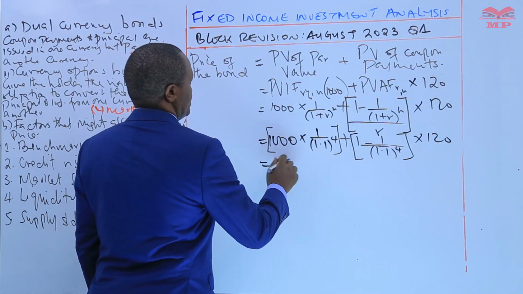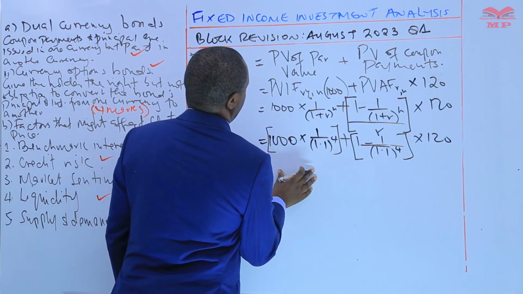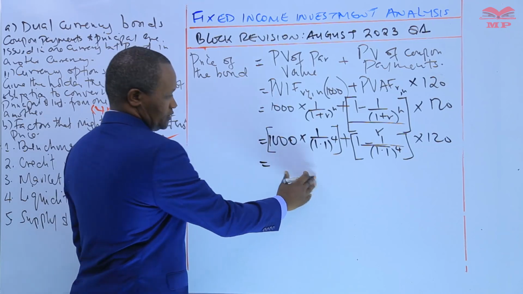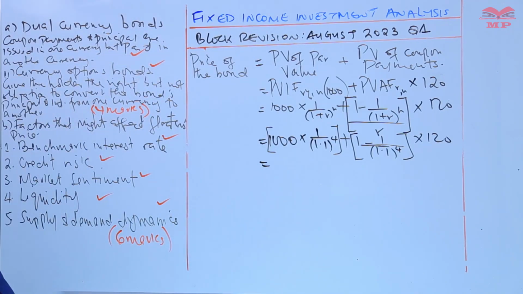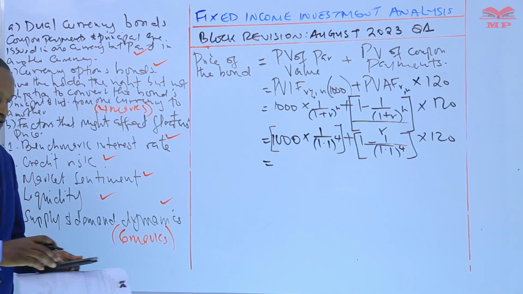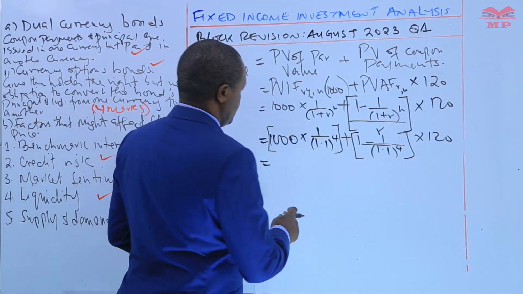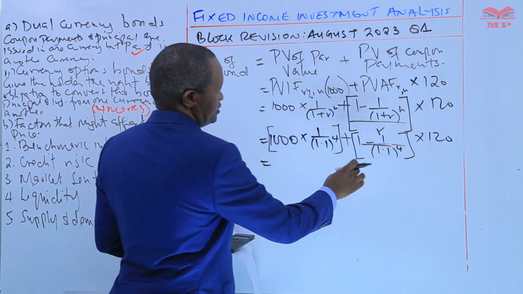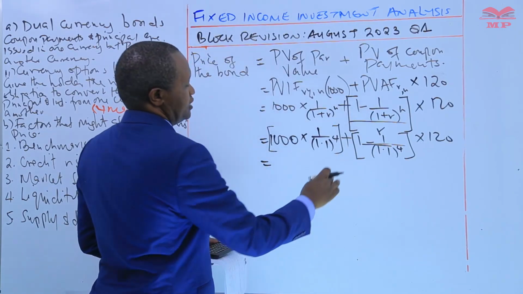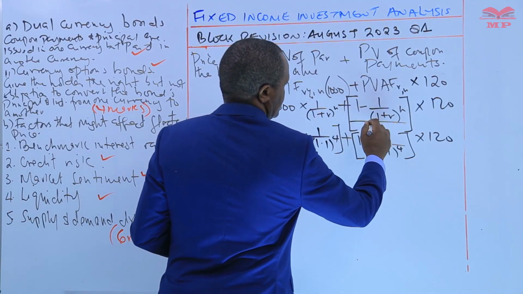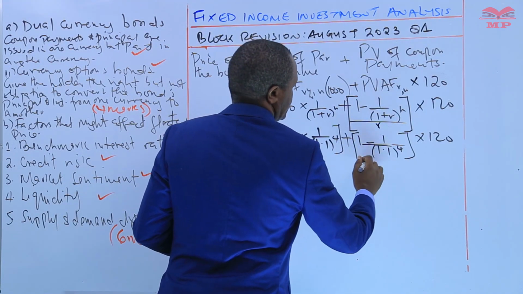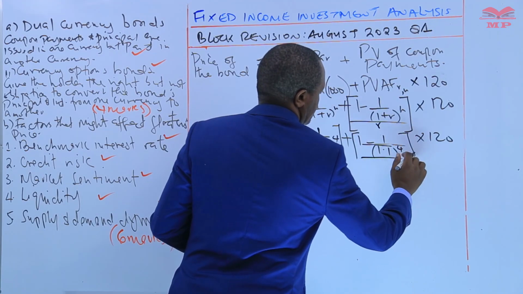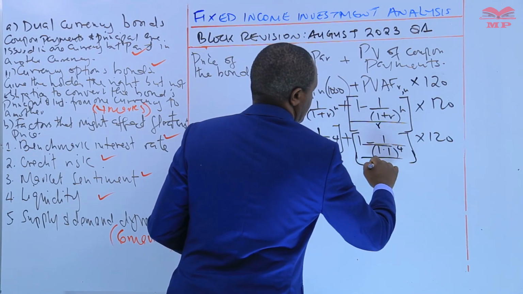So this is going to be the price of the bond. I'll take my machine. The rest is the work of the machine. We discount this, we discount that, then we add. And this is over r here. This should be 0.1.